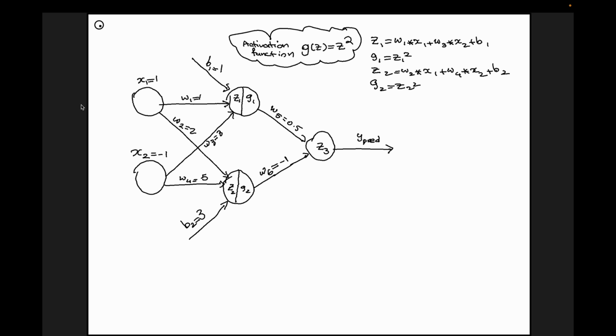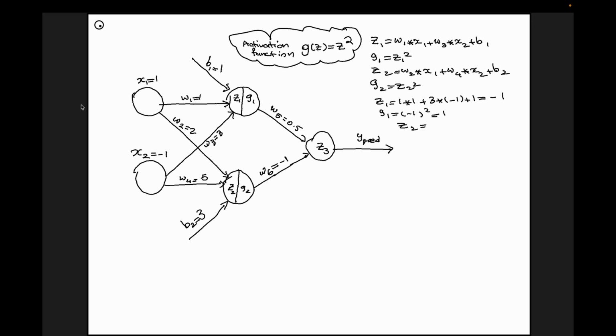So let's plug in numbers there. Z1, with this definition, would be simply 1 times 1 plus 3 times -1 plus 1, which is -1. G1 would be -1 squared, which is 1.